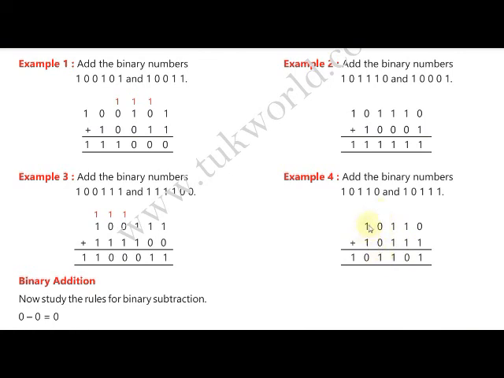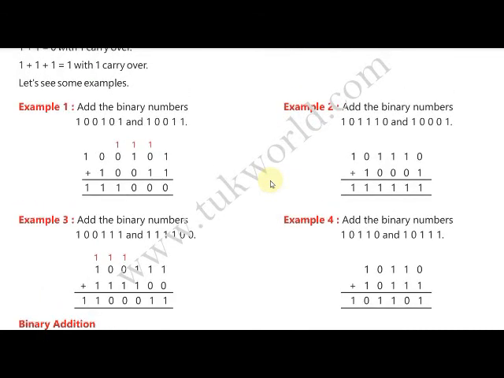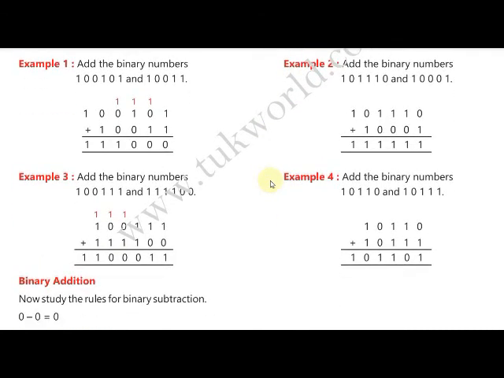Now 1 plus 1, it is 0, and we will carry a true value to the next digit. Now we don't have any next digit, so we have to write that true value as it is in front of the previous one. Okay, so these are our examples of the calculation of binary addition.